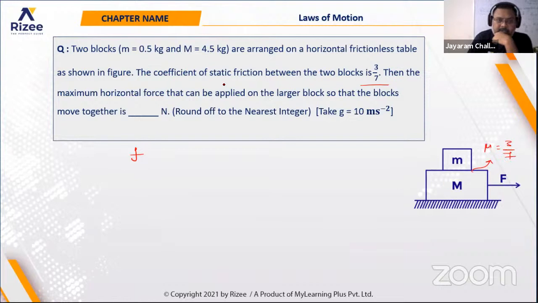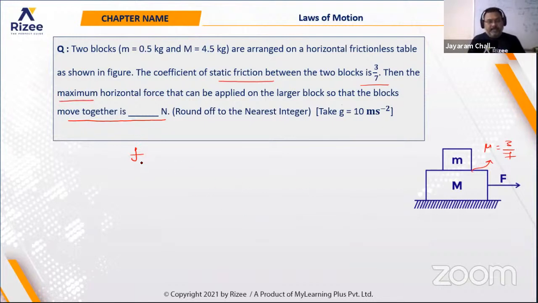The blocks are arranged on a frictionless table, and the coefficient of friction is only between the two blocks. Then the maximum force that can be applied on the larger block so that the blocks move together means they should have a common acceleration.